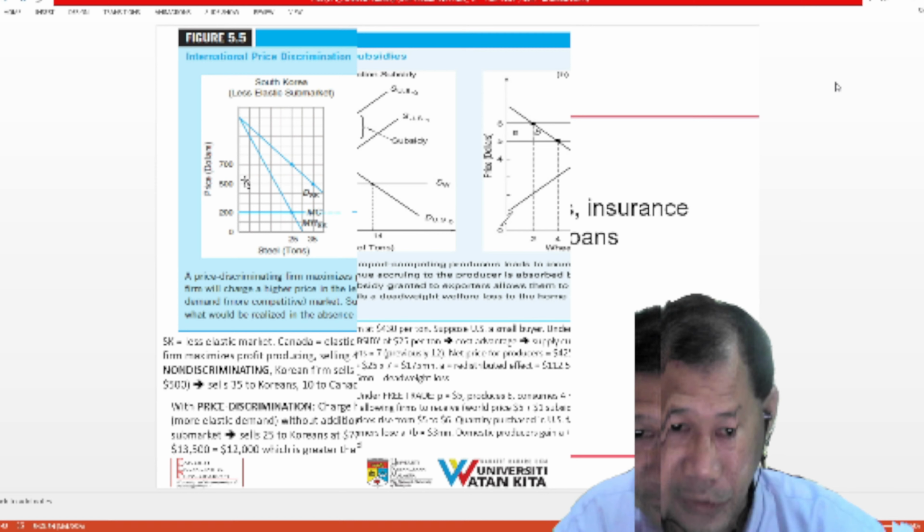Higher to Koreans at 700, lower to foreign markets, Canadians, at 400.